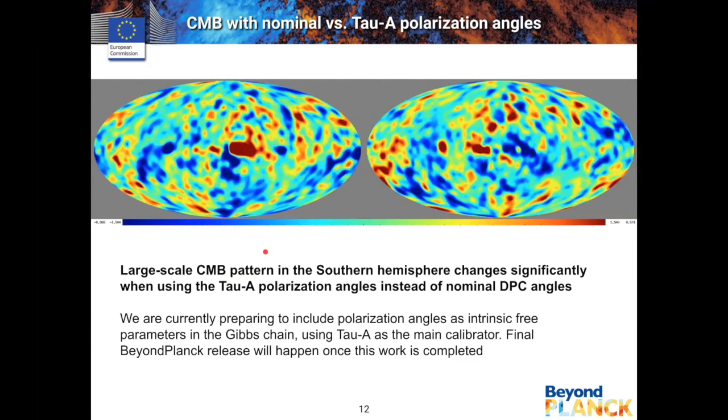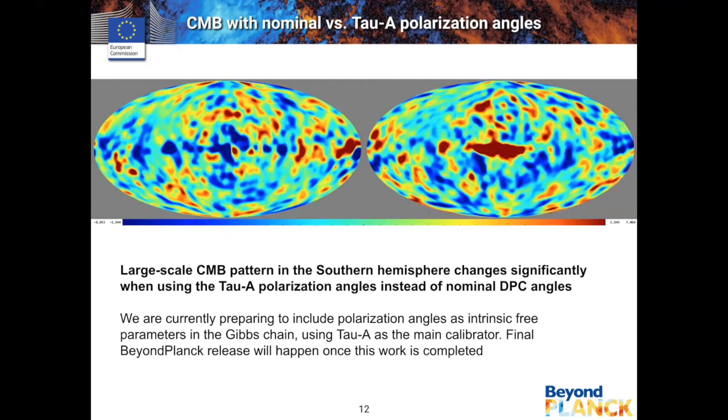But we are currently preparing to include polarization angles as an intrinsic free parameter. We want to sample directly within the Bayesian framework for polarization angle, using the Crab Nebula as the main calibrator. And we will provide this in the final BeyondPlanck release once this work is completed.